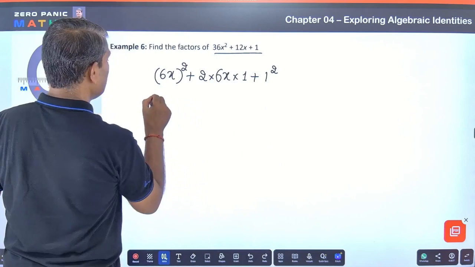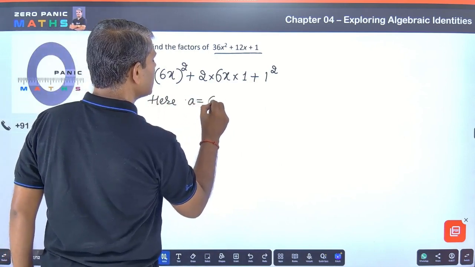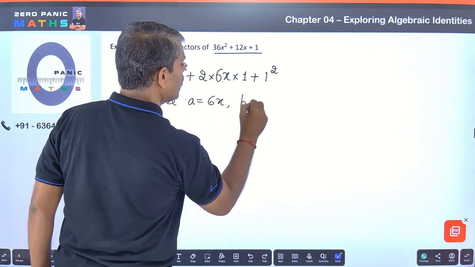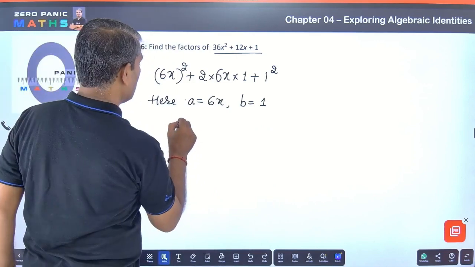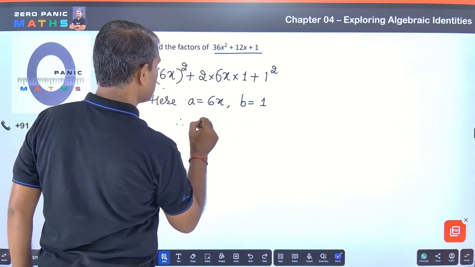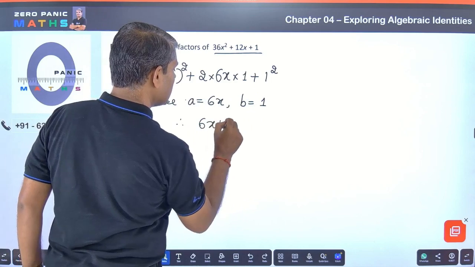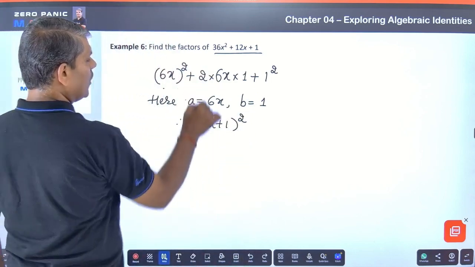Now here with this, what you can understand is a is equal to 6x and b is equal to 1. Understood this? So therefore, this is a plus b whole square, that is 6x plus 1 whole square. This is equal to this.